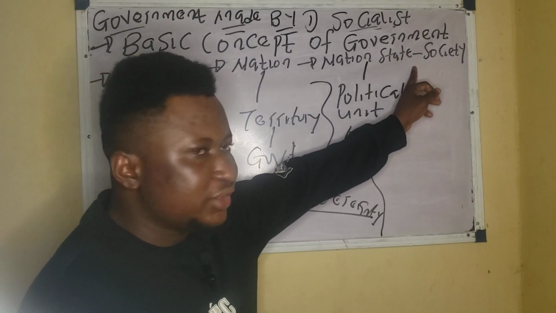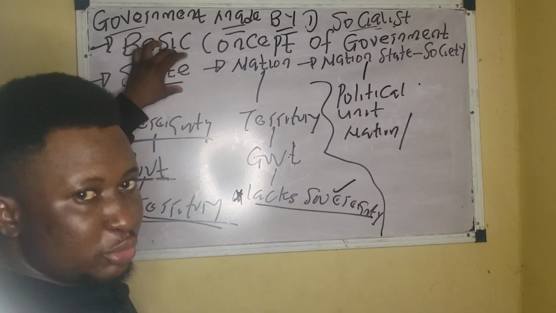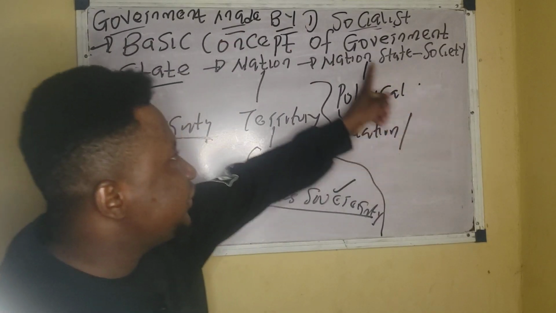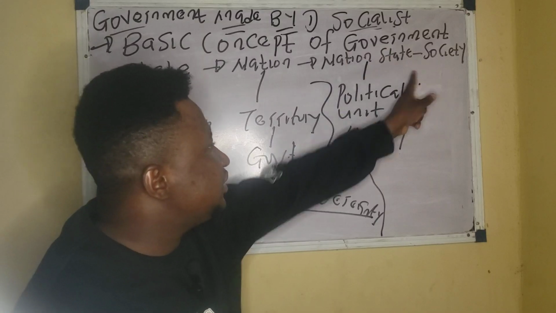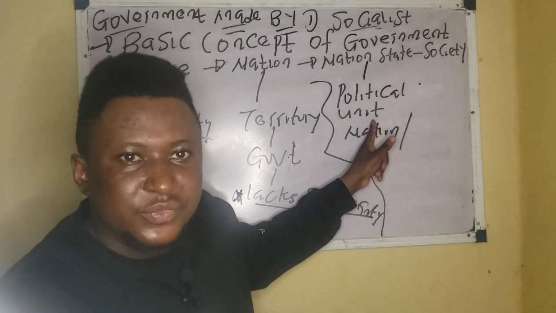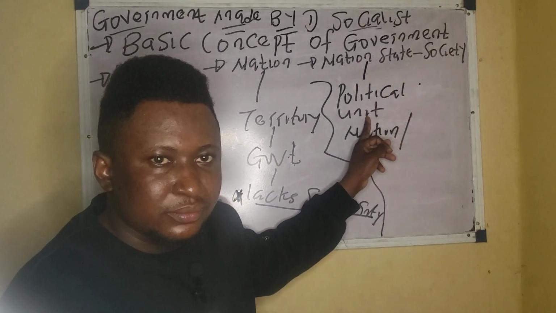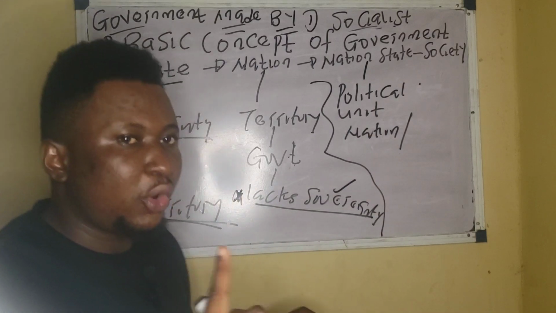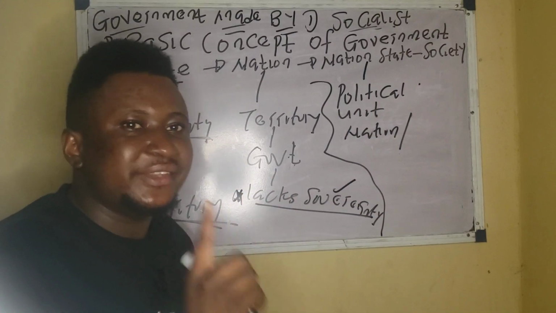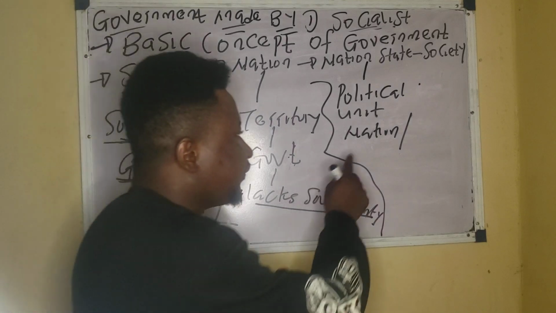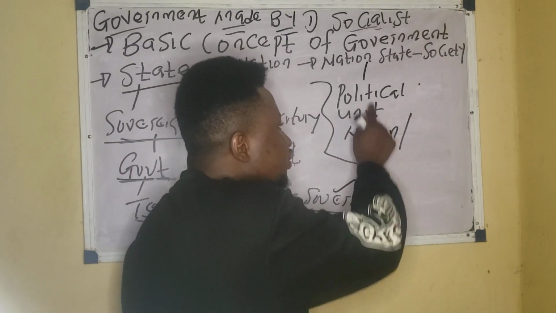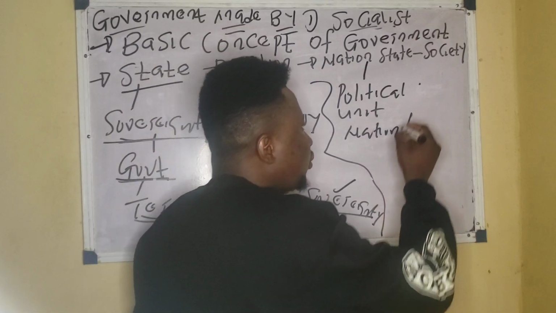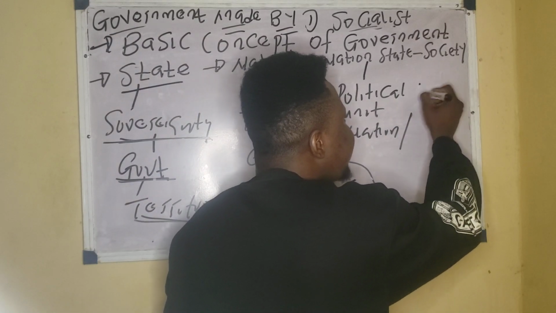So a nation state has the attribute of a state and the attribute of a nation. It is a political unit that shares a common identity, and also shares the attribute of a state.